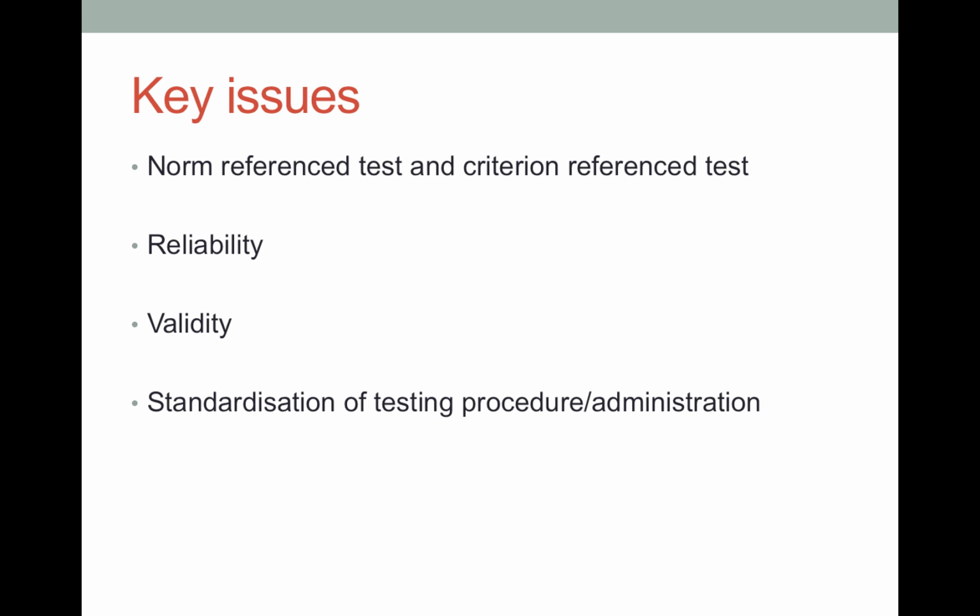A more in-depth understanding of these and other areas related to test development should be sought. And this can be found in a very comprehensive format in Gregory's textbook titled Psychological Testing, History, Principles and Applications. And the full reference for this can be found at the end.